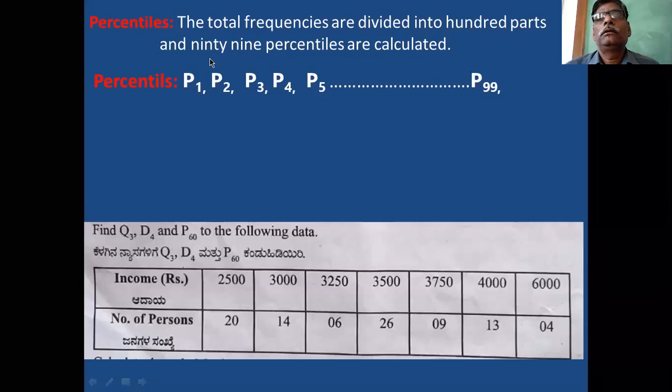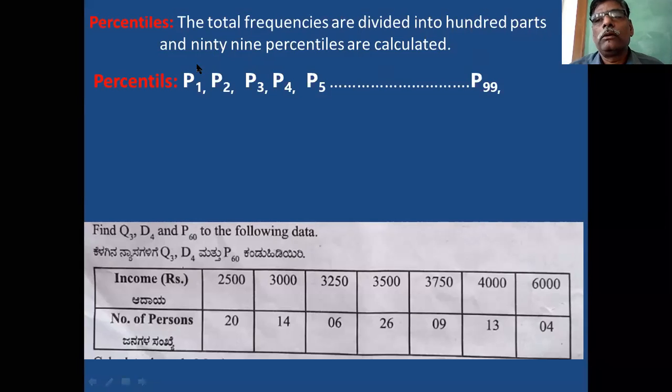Percentile. What is percentile? Percentile means the total values, total frequencies are divided into 100 parts. You have to divide the total values into 100 parts.